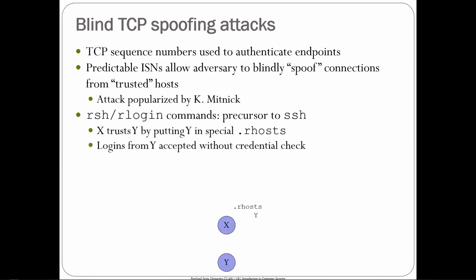And rather than having SSH keys that allow you to log in from your client to the server automatically, the R commands were like, we're going to authenticate you based on your IP address. If you are coming in on a particular IP address, we are going to allow you to say, hey, when I log in, say X and Y are part of the particle lab.